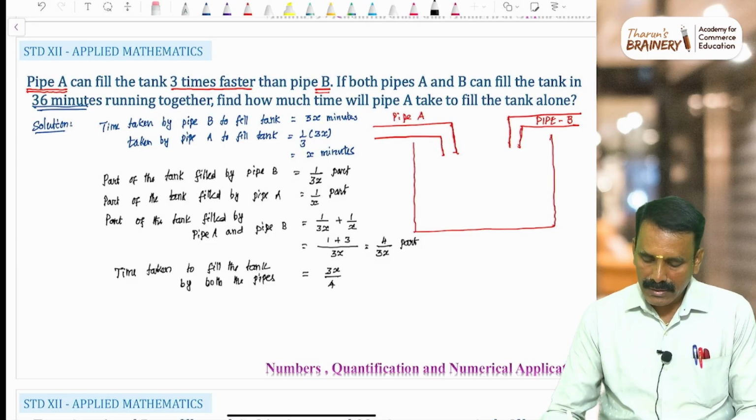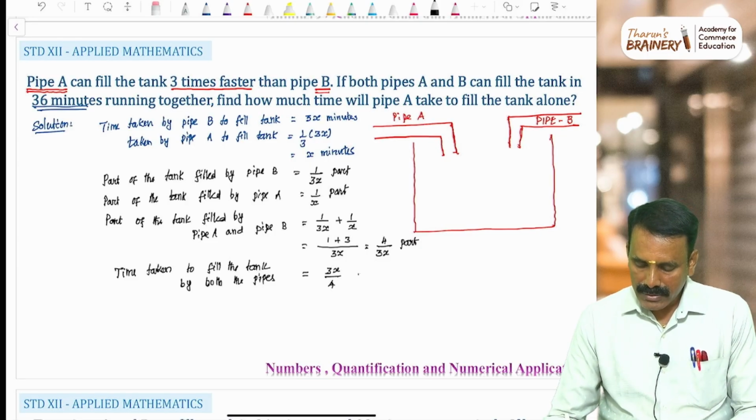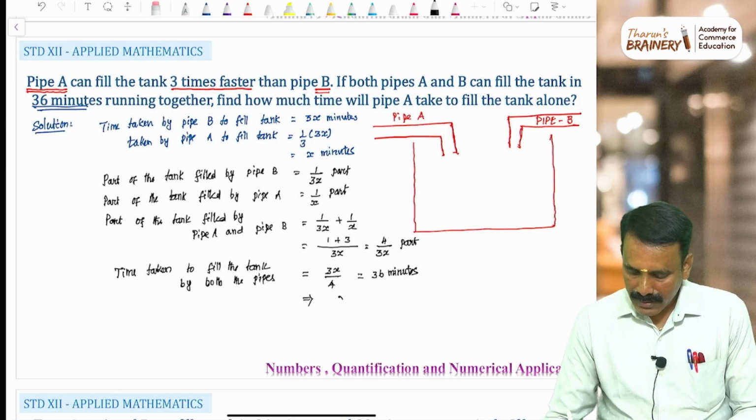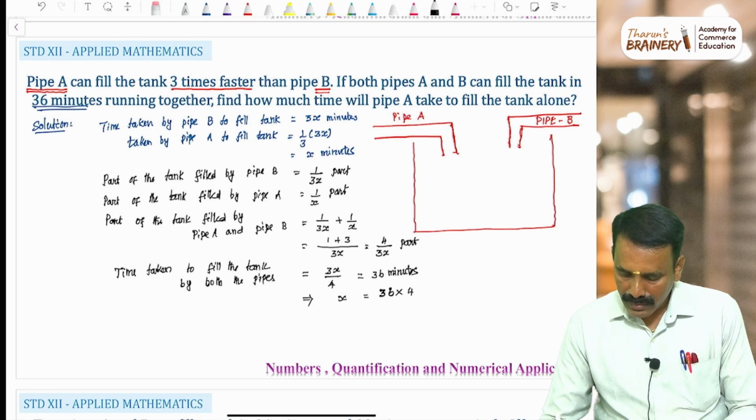And in the question, the value is given to be 36 minutes, which implies x is equal to 36 into 4 divided by 3.